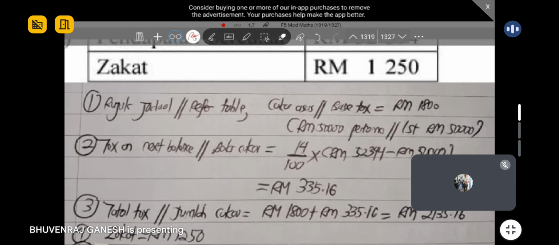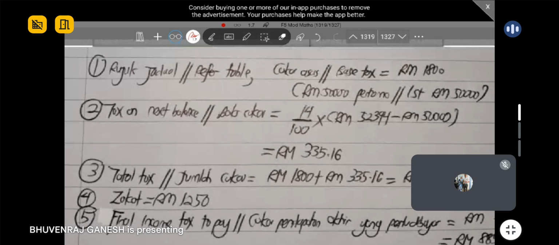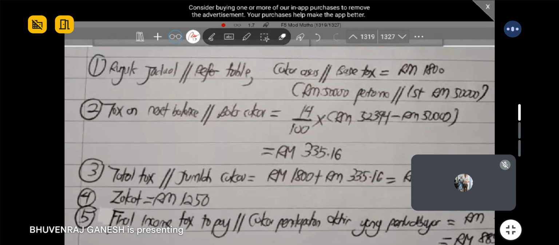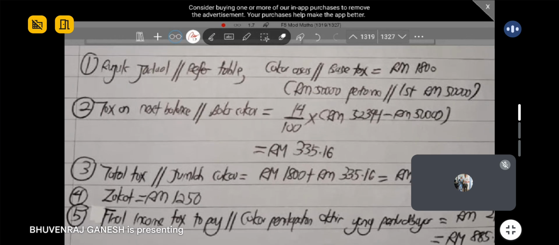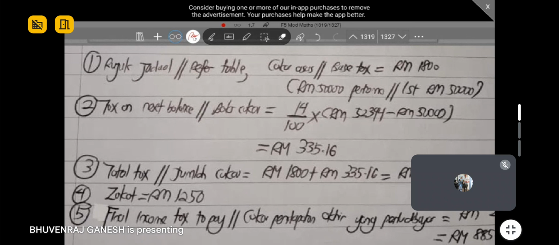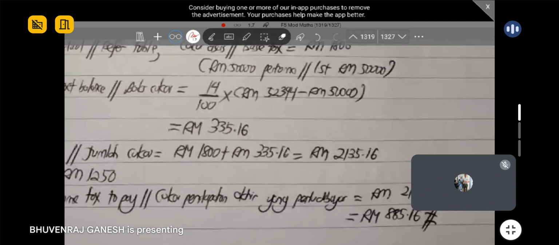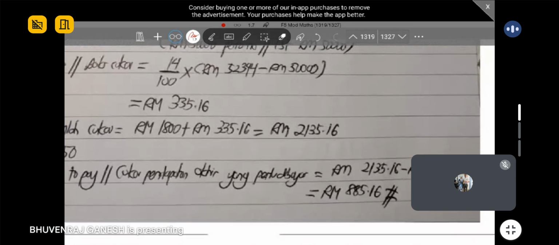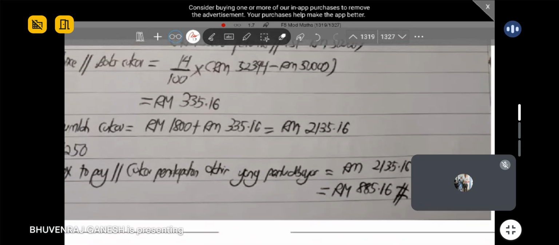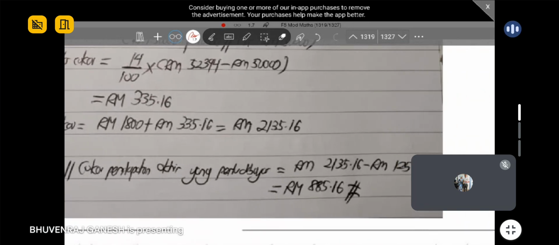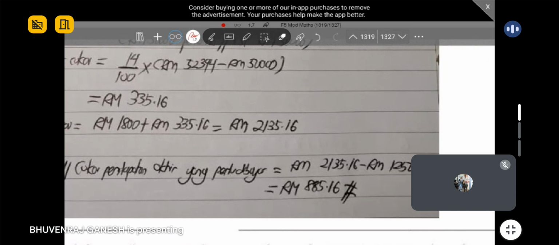Whenever you have rebate or zakat, your total steps will increase. Usually the steps are only 3, right? But now since you have zakat, it will increase to 4 steps. So your final answer, you will get 885.16.